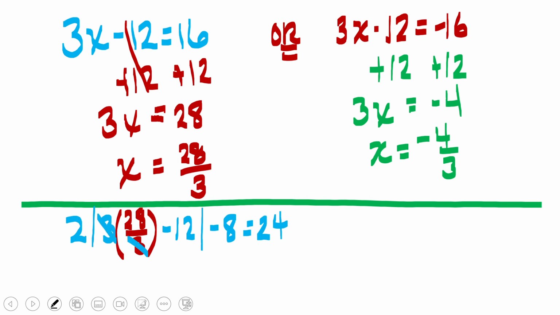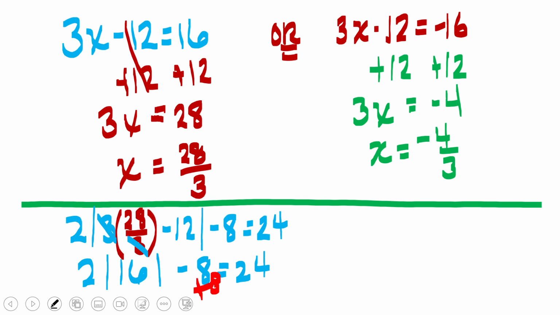3 over 3 is a fractional form of 1. 1 times 28 is 28. 28 minus 12 in absolute value leaves 2 times 16, minus 8 equals 24. We're going to add 8 to both sides.